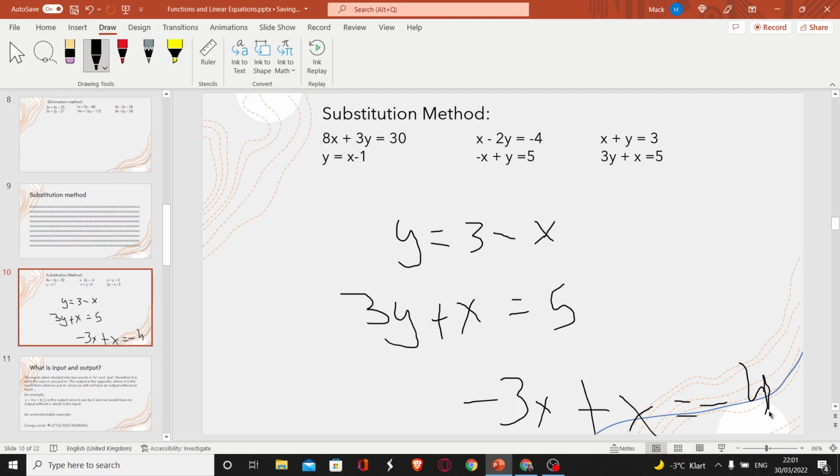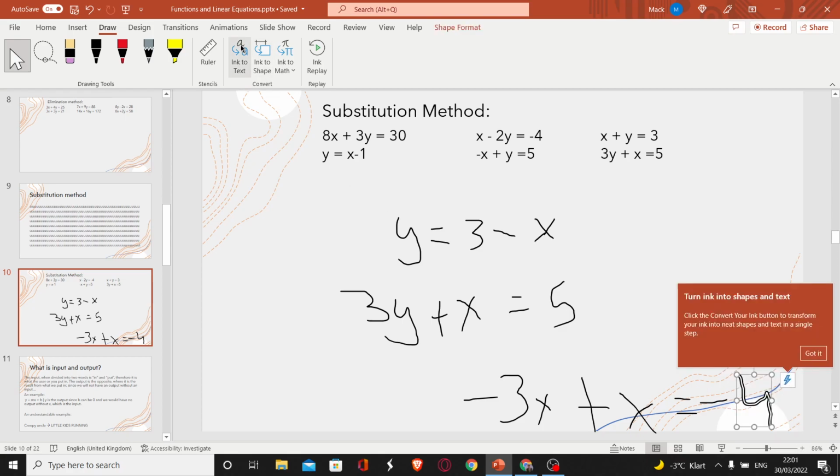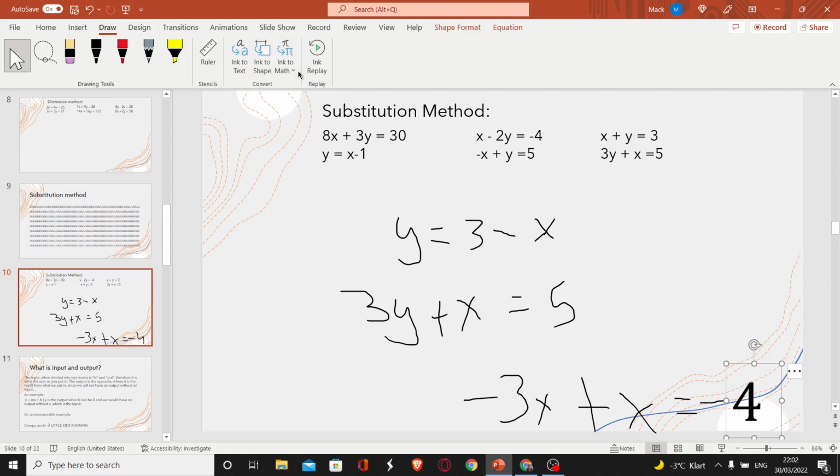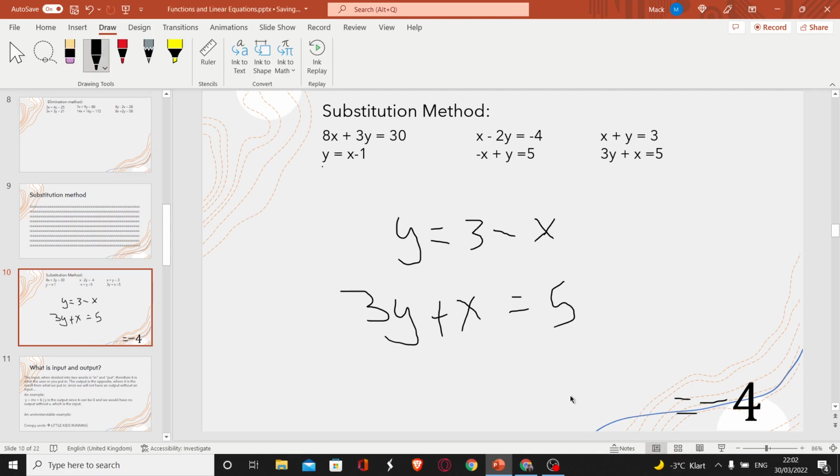Now I'll just draw this 4 a little simpler. -4, and we know that if we do minus 3x plus x, we get -2x. So we know that -2x equal to -4. Divide by -2 on both sides to get x. We get x equal to 2.